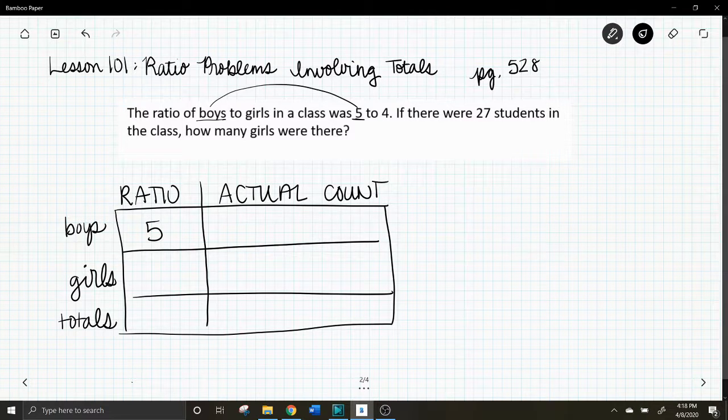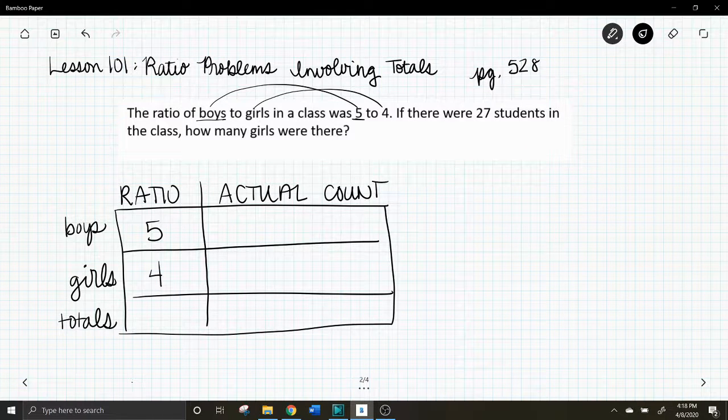So boys 5, girls 4. It's very important that you associate the right term with the right number. If there were 27 students in the class, how many girls were there? So I know there's 27 students total, and that goes in my actual count.